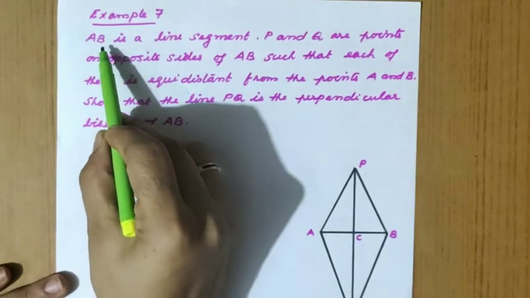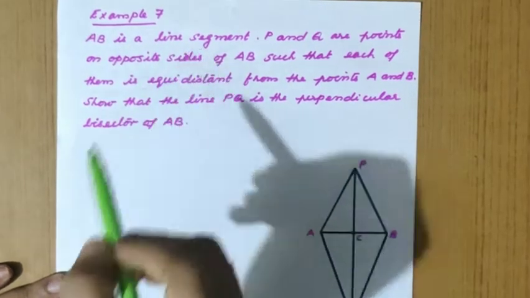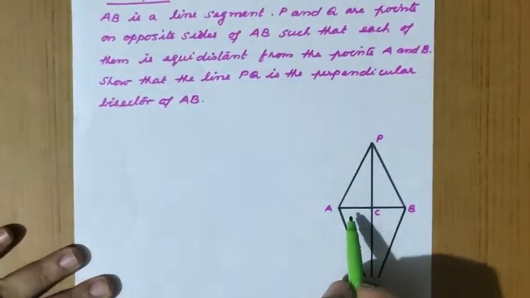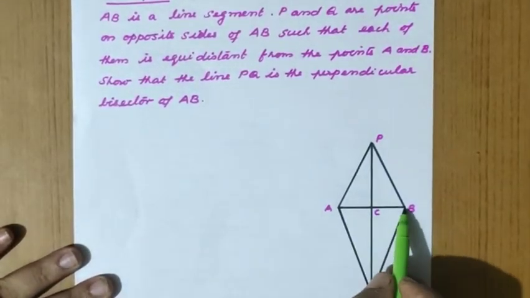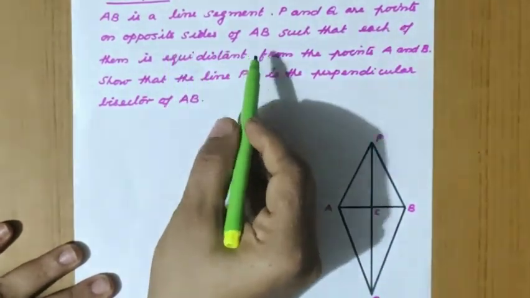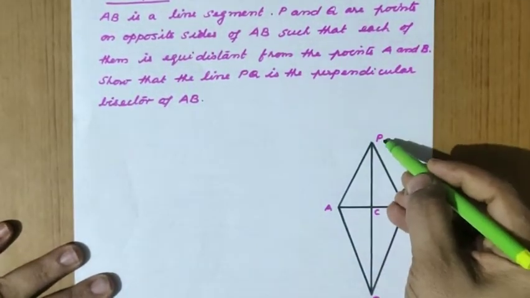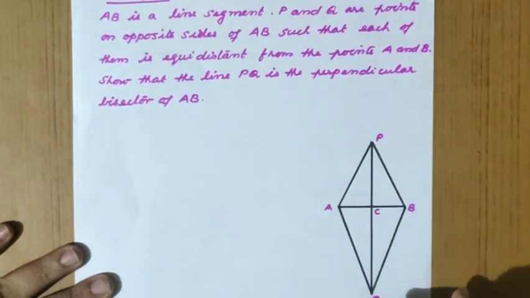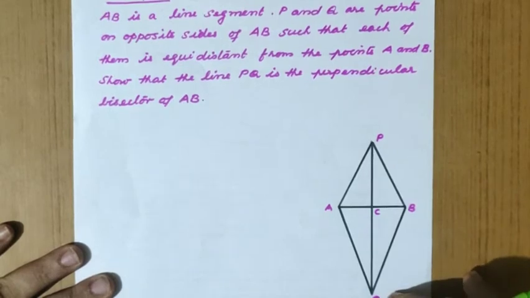So what does the statement say? AB is a line segment. See the diagram. P and Q are points on opposite sides of AB, P above the line AB and Q below the line. So on opposite sides we have P as well as Q, right?